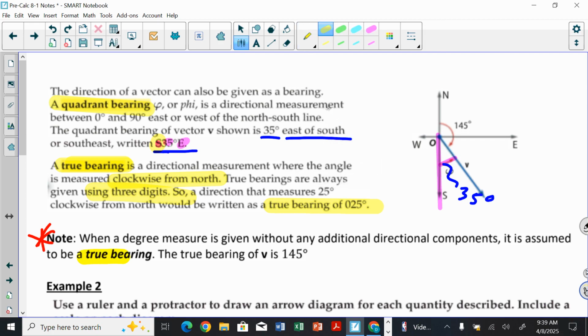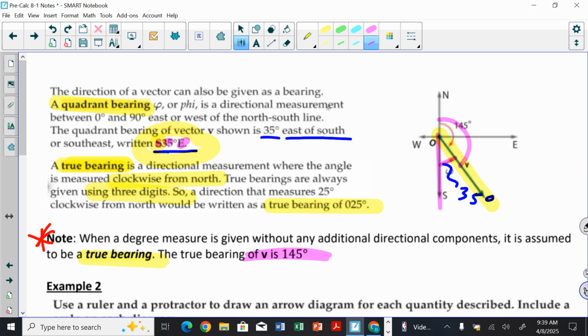So if they give you directions like they did here, south and east, then we know it's a quadrant bearing. If they don't, then they give a true bearing. So in this case with vector V right here, if they didn't give us any information like they did earlier with the southeast, we would say the true bearing from here to there would be 145.